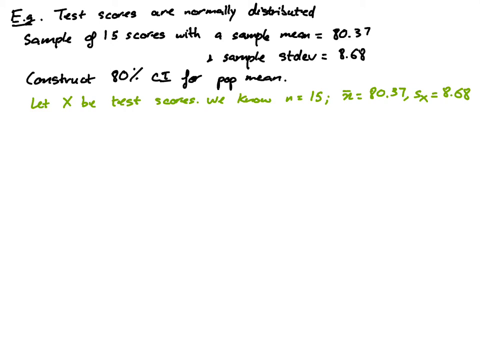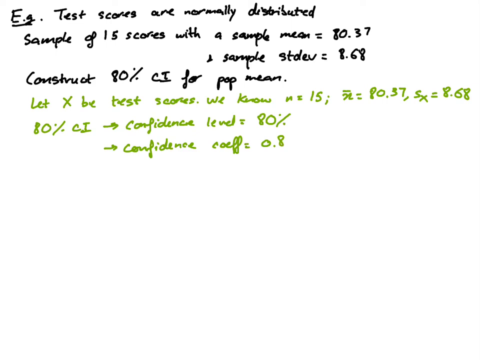We want to go ahead and find the 80% confidence interval. So our confidence level is 80%. The confidence coefficient is 0.8, and so alpha is 1 minus 0.8, which is 0.2, right?